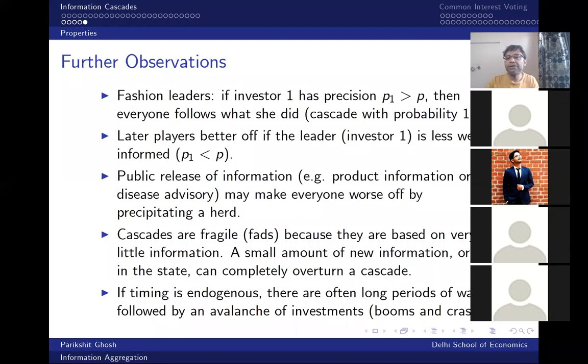So what happens, do these information cascades, I think Arnav, you asked the question, right? Yes, sir. So can these information cascades form if you have endogenous timing, if people can wait before they make their choices?